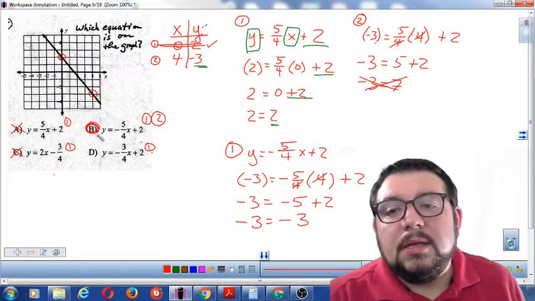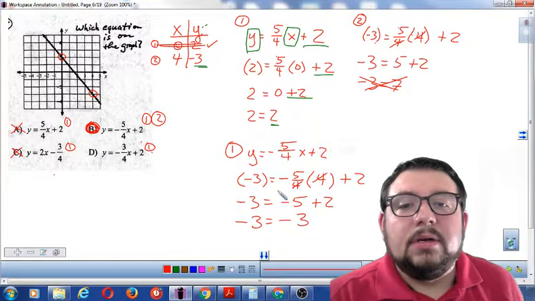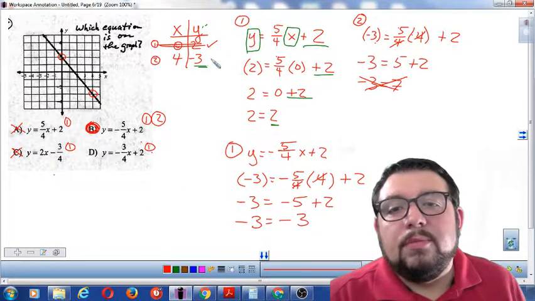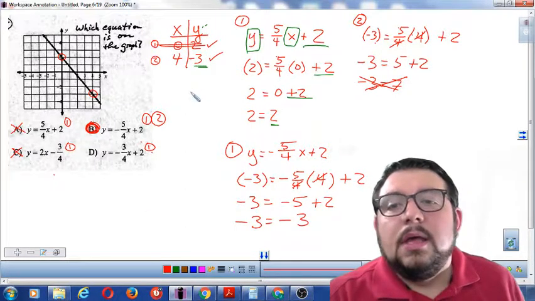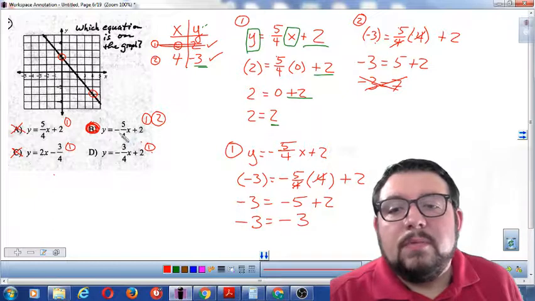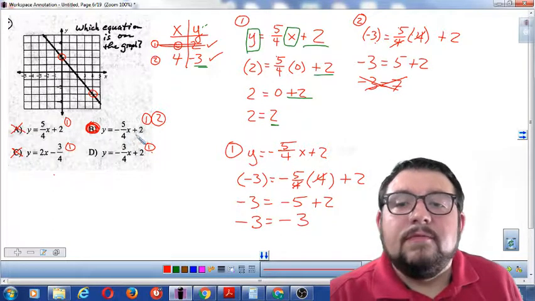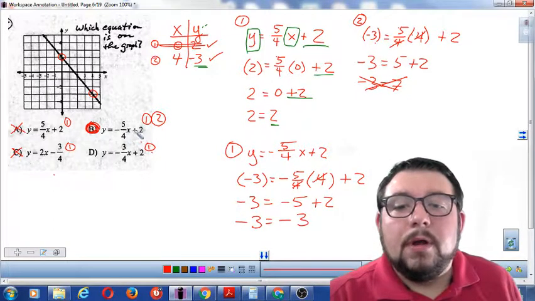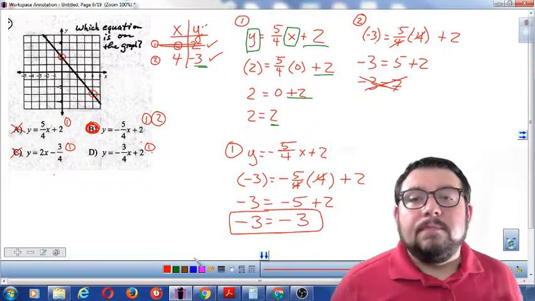And that means that B is my correct answer because it matched both. It matched point number 1 and point number 2. They both came out with an answer that makes sense. Okay, so for the first point we put in a 0 and we got positive 2. And for the second point we put in 4 and we came out with negative 3 equals negative 3.